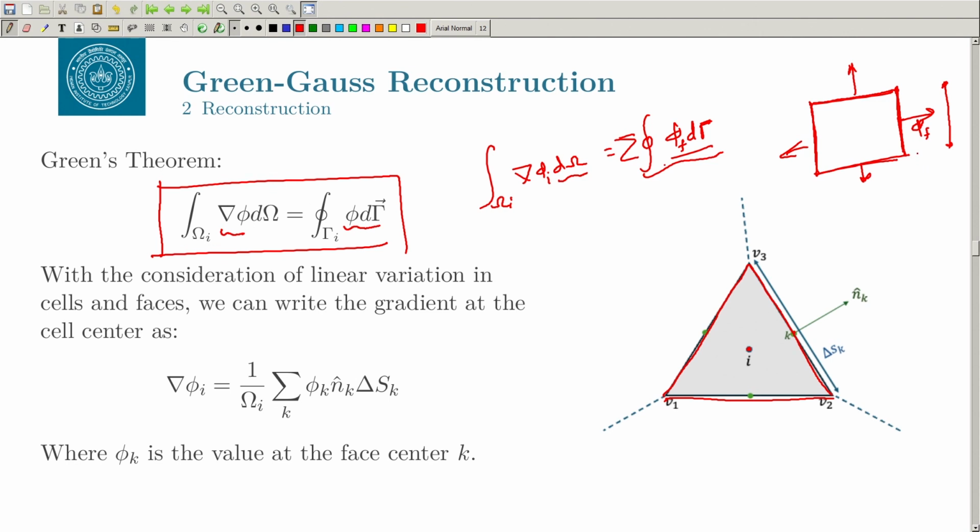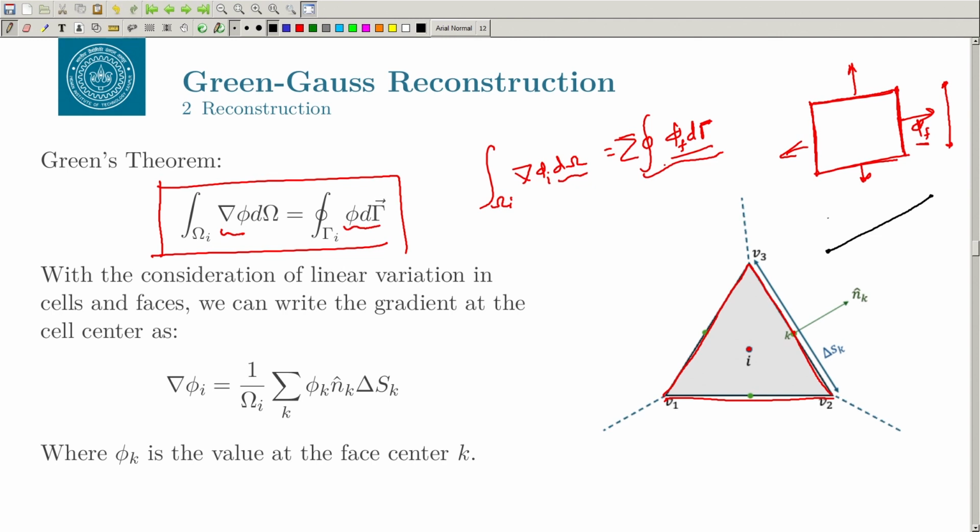So, if you assume that the variation on the face is basically linear, this is phi f. Let us say this is the variation along the face, and the things are varying normally.